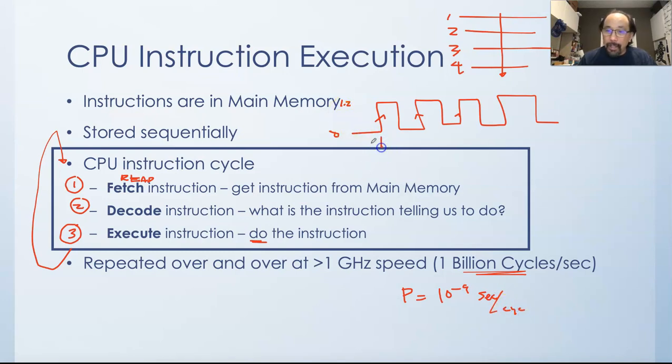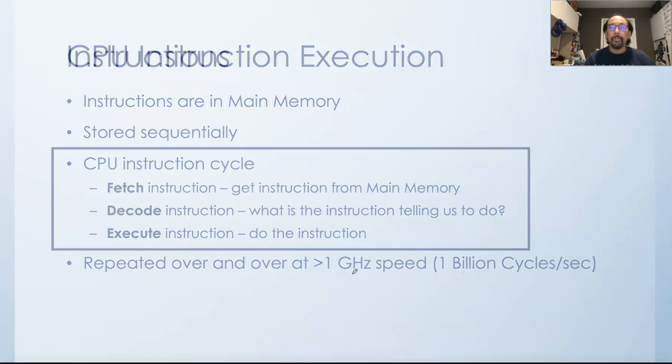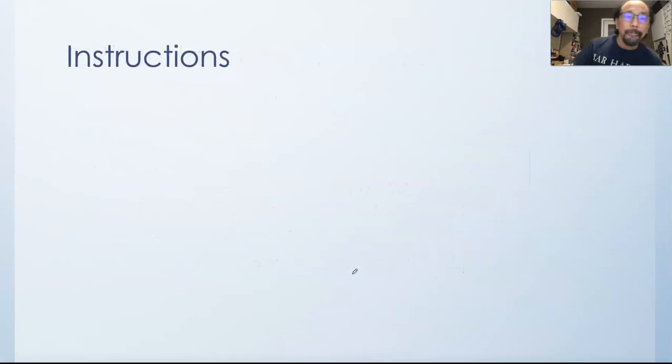That means the length of one period here is 10 to the negative 9th seconds, or I'm going to write it as 1 nanosecond. That's for a gigahertz speed. You can actually imagine some of your laptops are running 2, 3 gigahertz, so it's even a fraction of a nanosecond.